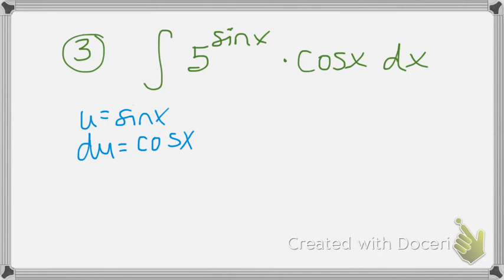Nothing strange about it. I don't have to put in any numbers. So this is just the integral of 5 to the u. Okay, and then what's the antiderivative of 5 to the u?